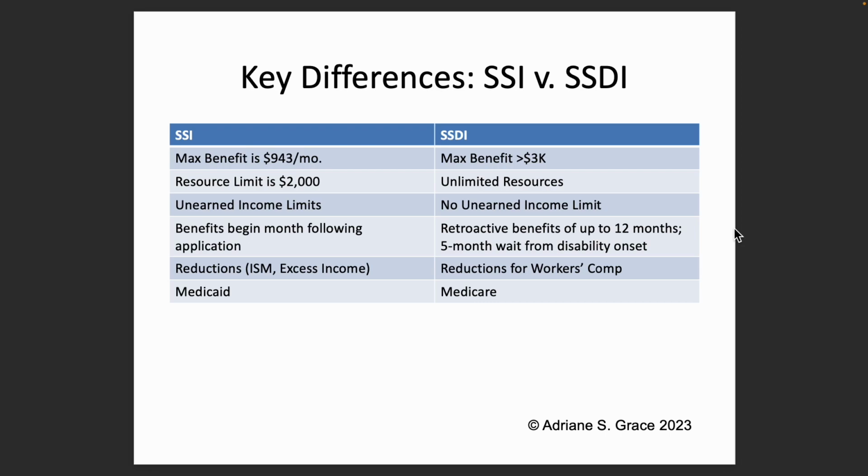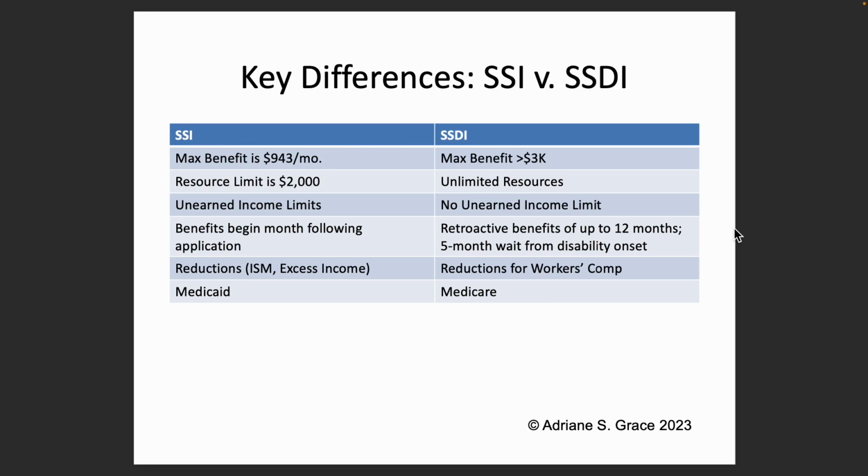Benefits for SSDI vary. Usually they don't exceed $3,000, but it's dependent upon the worker's work record. So if they're under their own, they might not have as many benefits if they worked part-time all their life. If they're under deceased mom or dad or retired mom and dad, that could be a much larger benefit. Could be like $1,500, could be $2,600, like my example of that young adult.